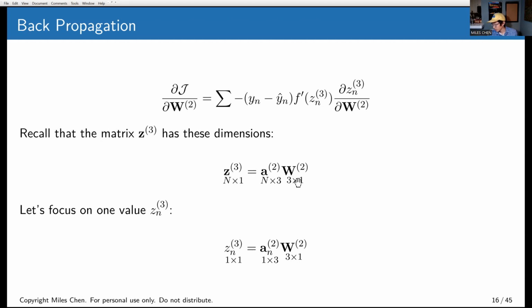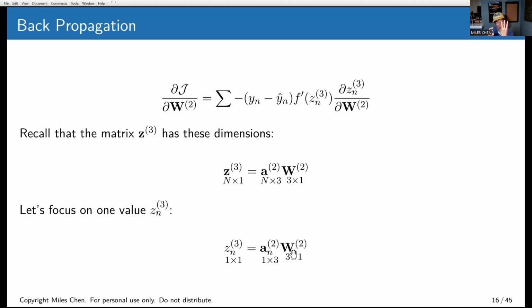Okay, so let's just focus in on one value here. One value in the output is just the nth value in our Z3 matrix. That's a 1 by 1 scalar value, and it's the result of taking just one row in our A matrix. So we have A sub n, one row with 3 values in it, and we multiply each of those 3 values by a value in our W2 matrix.